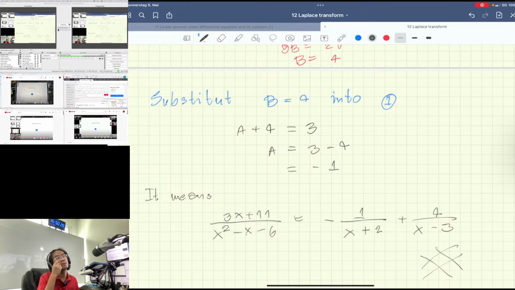Yes, it's correct right here. Minus 1 over x plus 2 and plus 4 over x minus 3. It's not difficult, so it's very hard to get the wrong answer.